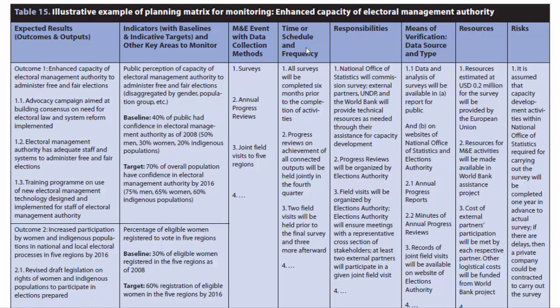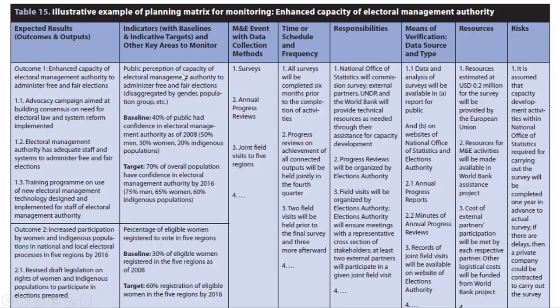So now, how does this really help you as a professional implement your activities? Because, for instance, you've got this outcome, okay, which is enhanced capacity of electoral management authority to administer free and fair elections. Okay, then you've got the indicators. These are the indicators, guys.